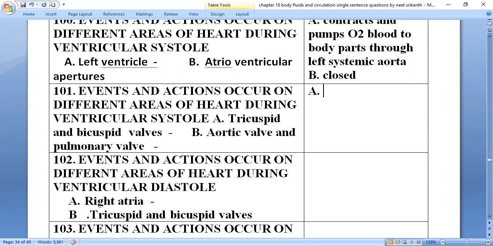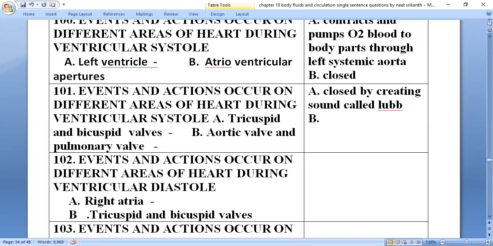As we said, the same atrioventricular aperture should be closed. The tricuspid and bicuspid valves close the atrioventricular aperture, and when they are closed, the sound created is called lub.